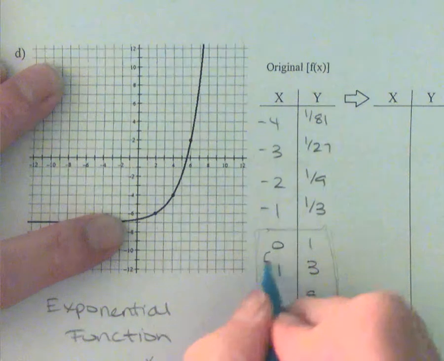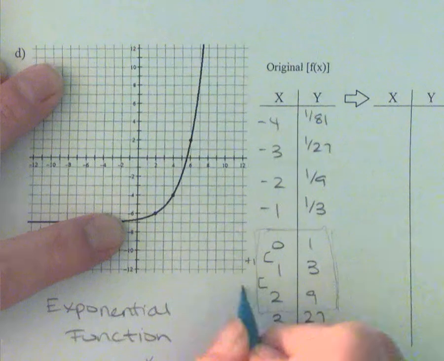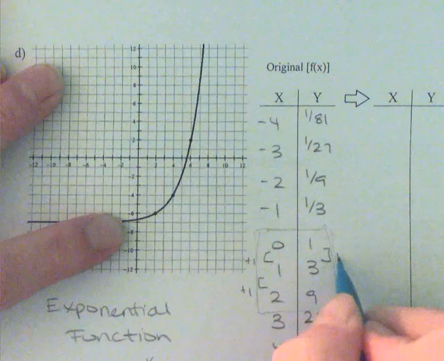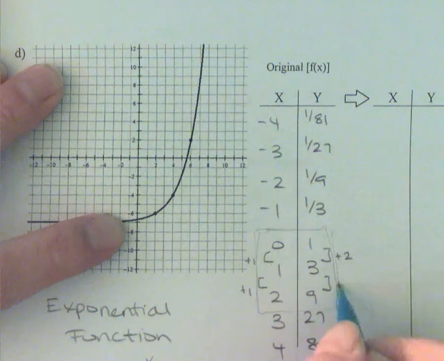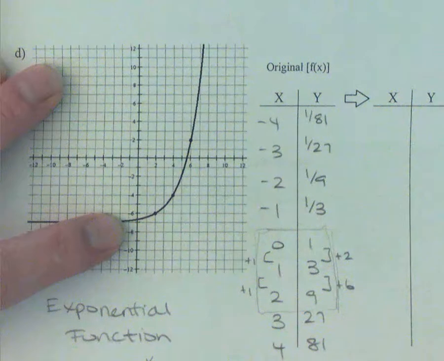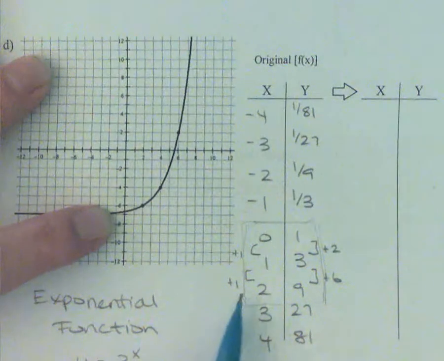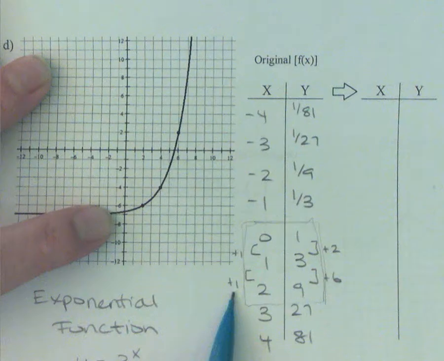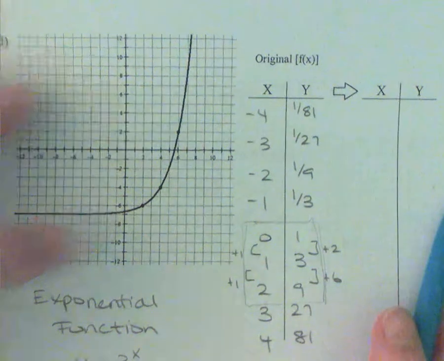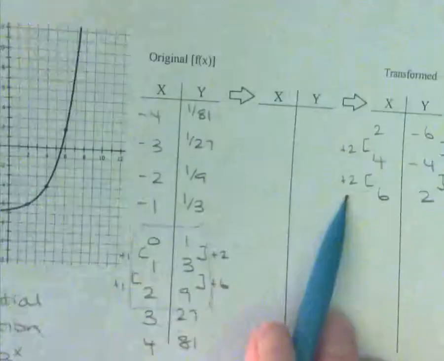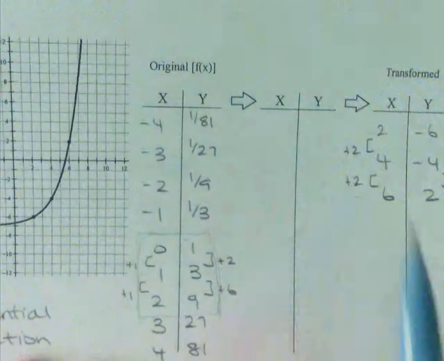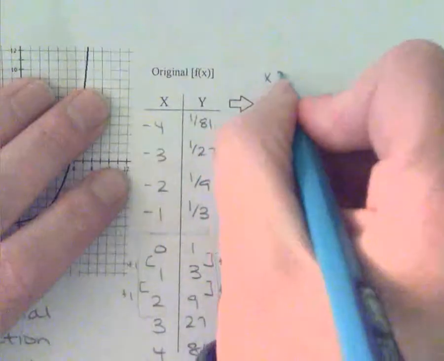So I added 1, I added 1. What did I do over here? I added 2, and I added 6. So if I look, I went from 1 to 2 in first differences, which means I multiplied by 2.